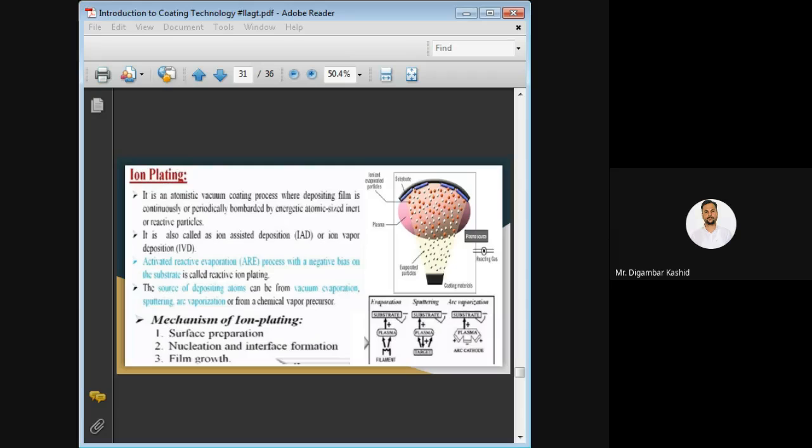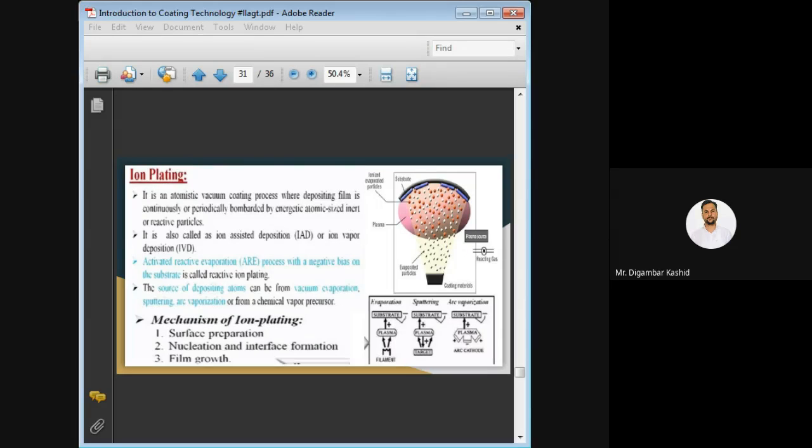So it depends upon the source we are going to use; using a different source gives a different nomenclature, correct? The source of the deposition atoms can be from a vacuum operation, filtering or vaporization, or from a chemical vapor procedure also.